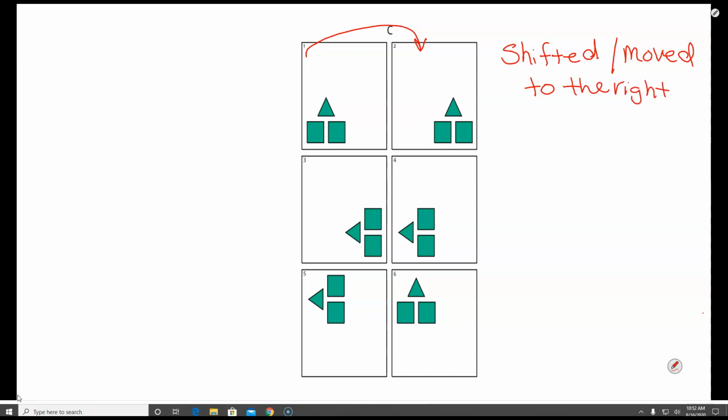Now we're going from 2 to 3. What do you think happened here? Didn't really go up or down, did it? So it looks like it just kind of turned, right? But which direction did it turn? Looks like it went counterclockwise for this one. So I'm going to say 3. We're doing a counterclockwise.